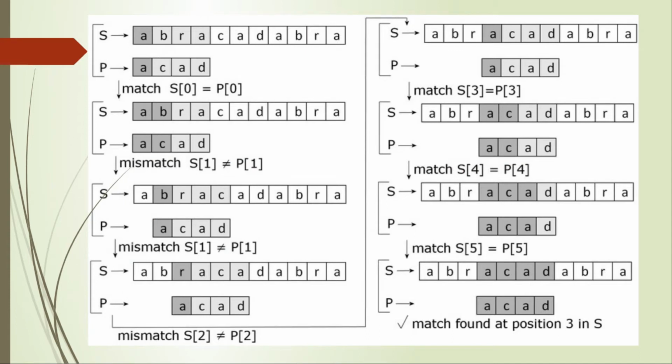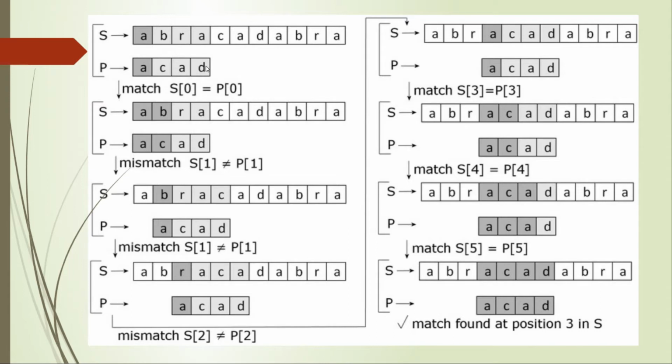I have a particular string over here with 1, 2, 3, 4, 5, 6, 7, 8, 9, 10, 11 characters, and I have a pattern called P which has 4 characters.